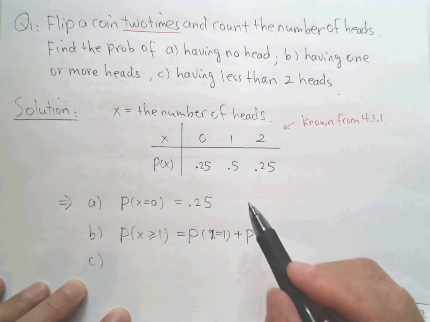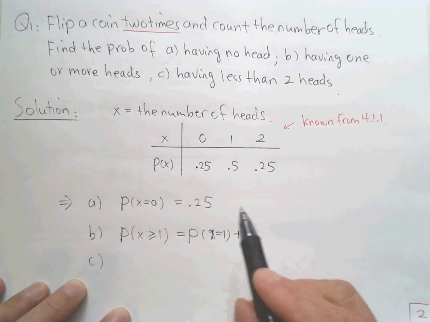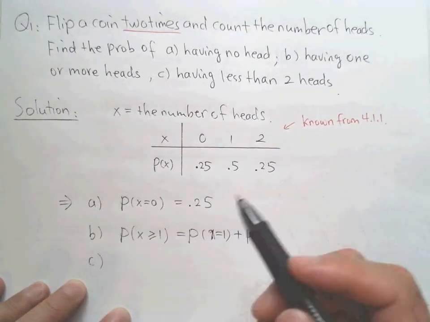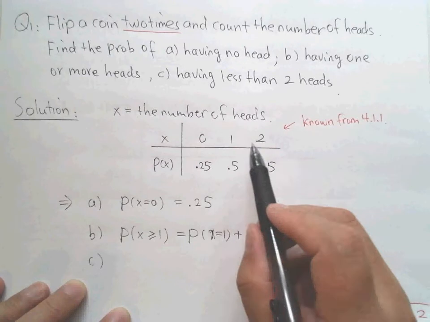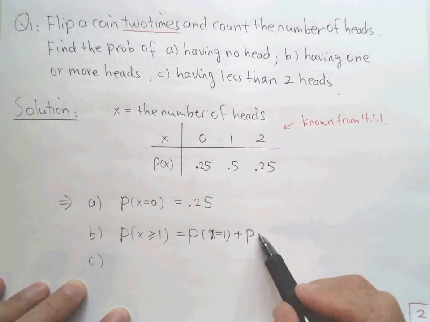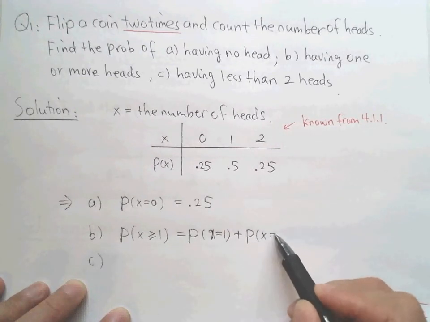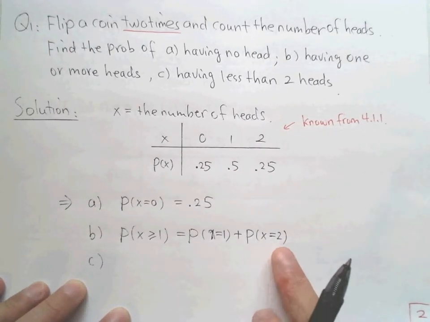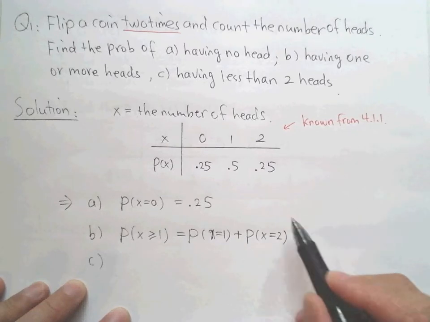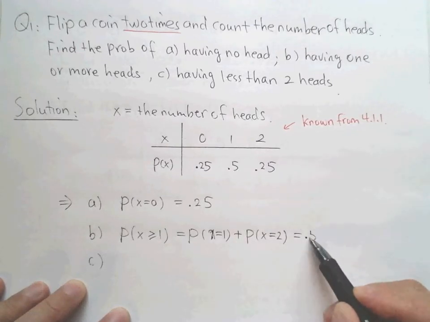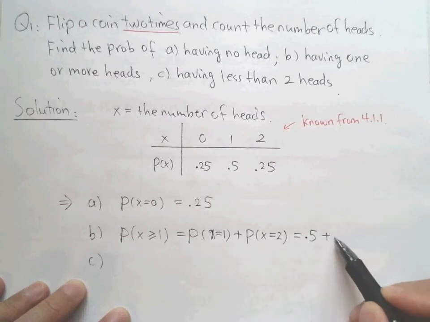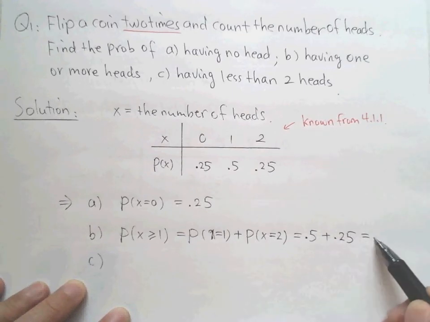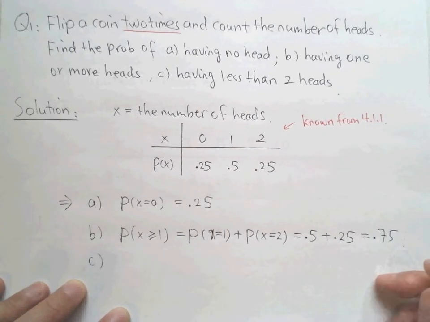This is disjoint: if x gets 1, it cannot get 2 at the same time. For disjoint events we use the addition rule. The probability of x equals 1 plus the probability of x equals 2. We know there is a 0.5 chance for 1 and a 0.25 chance for 2. Adding them together gives 0.75. So there is a 75% chance to get 1 or more heads.